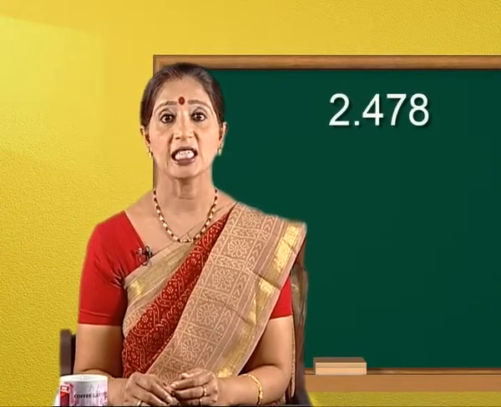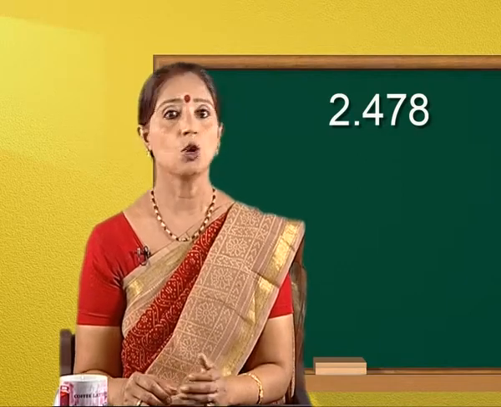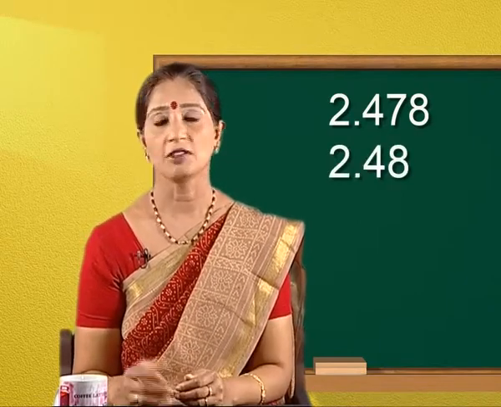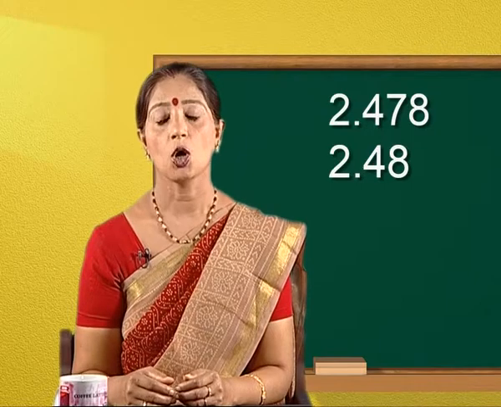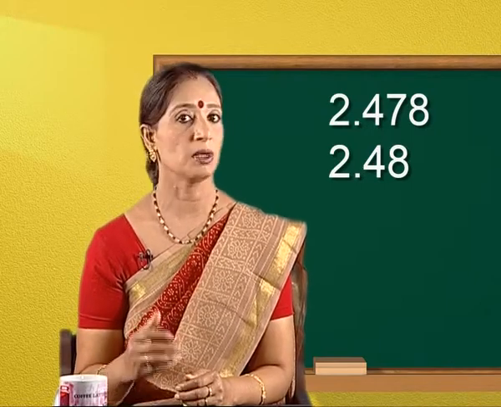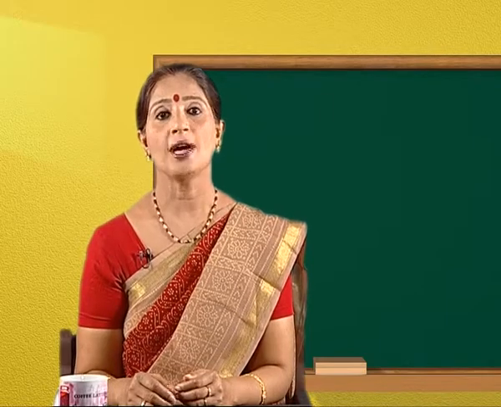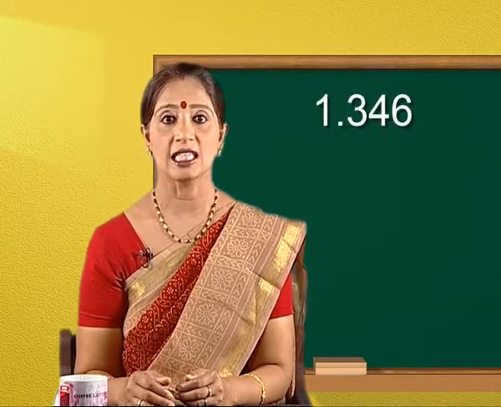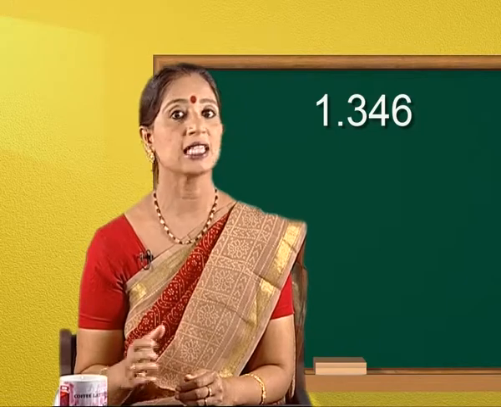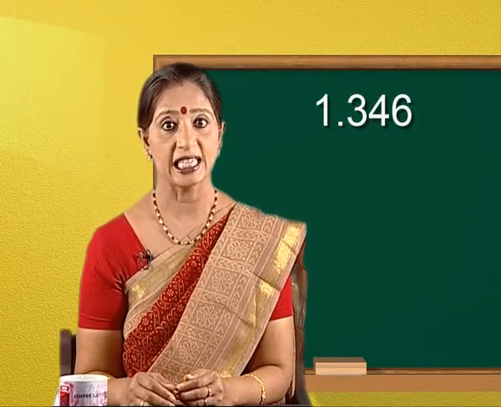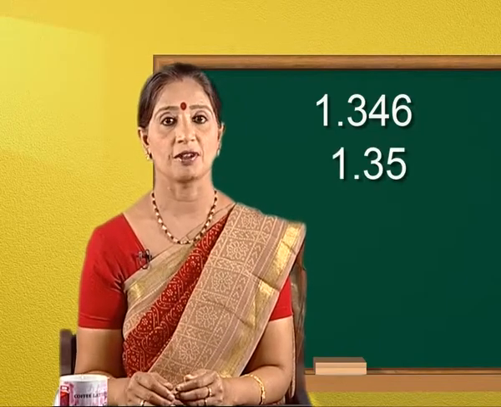For example, a value of 2.478 is rounded off to 2.48 to have 3 significant figures or to have 2 decimal places. Similarly, a number 1.346 rounded off to 3 significant figures is 1.35.